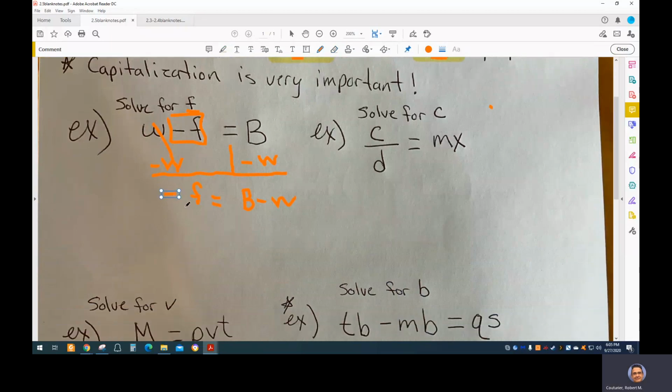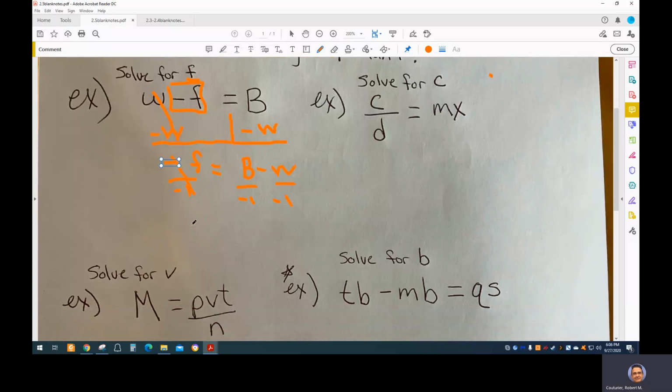All right, now we might be tempted to say, yay, we're done, but we're not. Okay, we are not done. Notice that we have a negative in front of this. So if we have a -1 being multiplied by this, we have to divide every single piece by a -1.